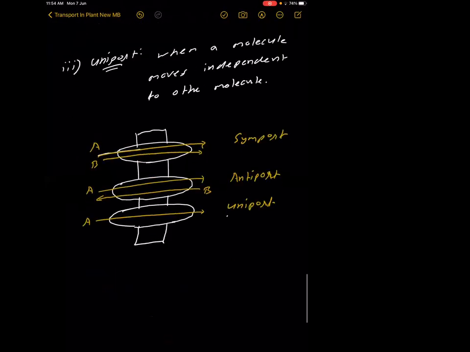Either it is entering or exiting. Symport involves two molecules moving the same way.